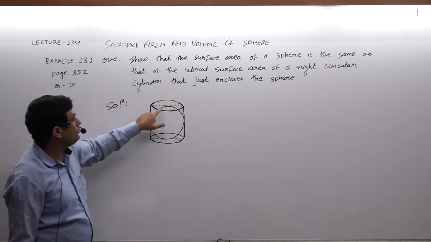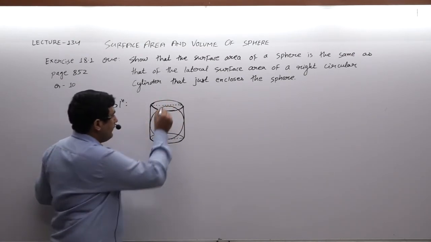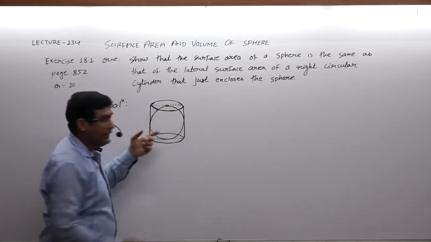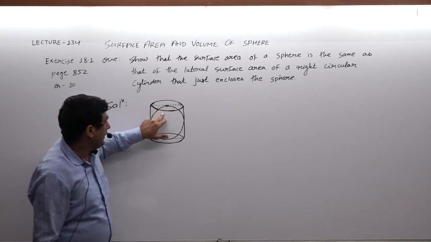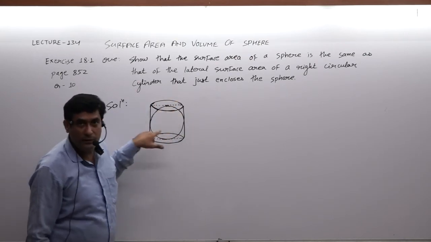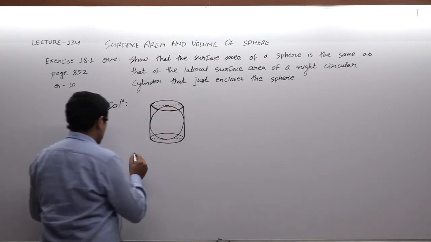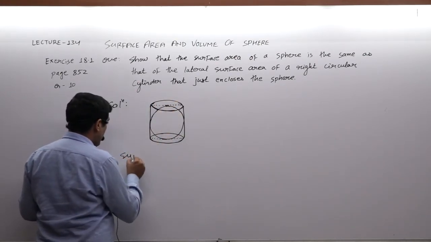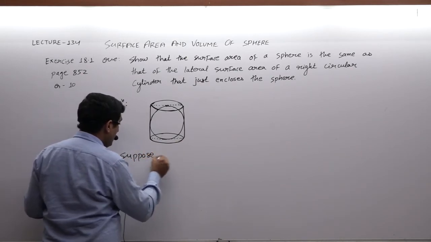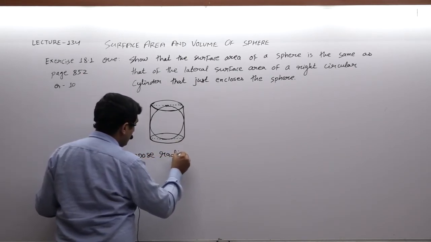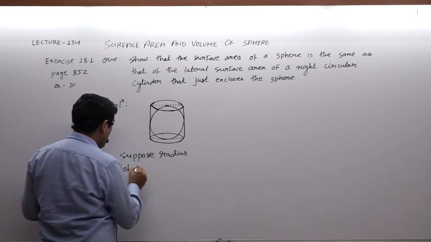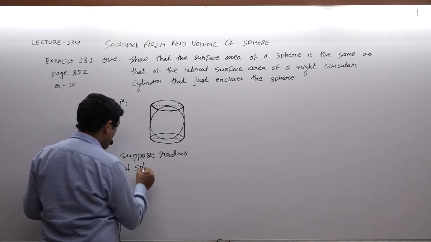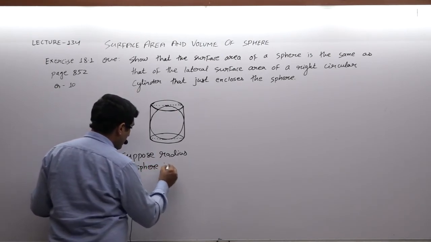So now we have to show that surface area of this sphere, that is TSA or CSA, whatever you say, is equal to the lateral surface area of this cylinder. So let us see how to solve. Suppose radius of sphere is r.